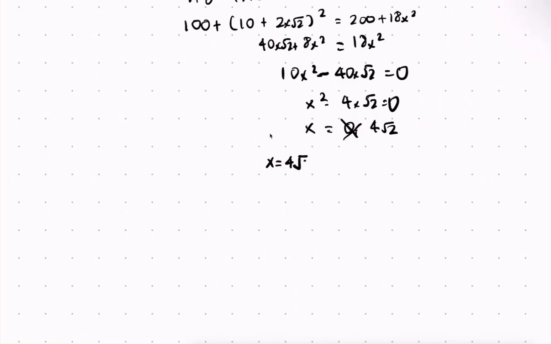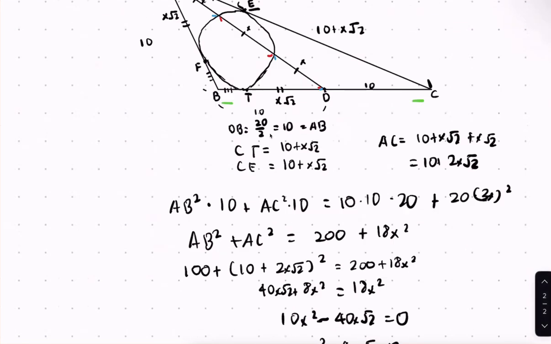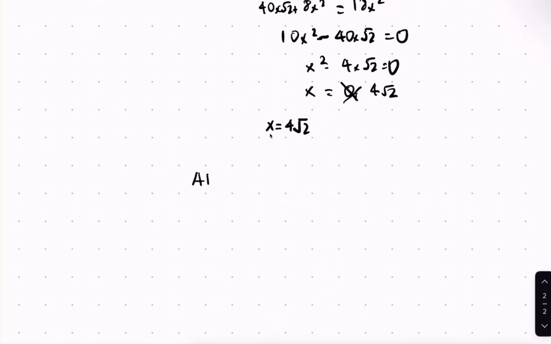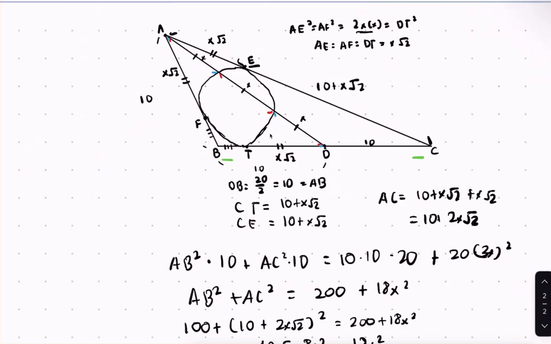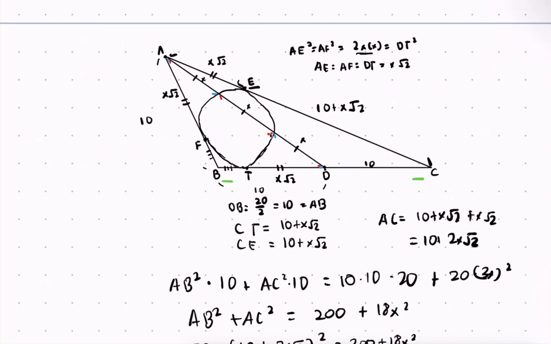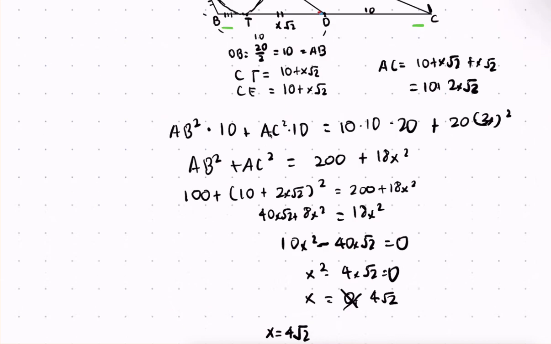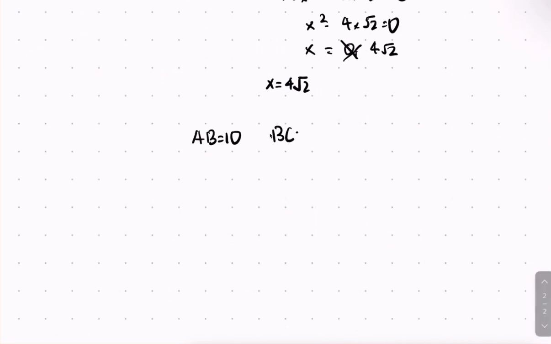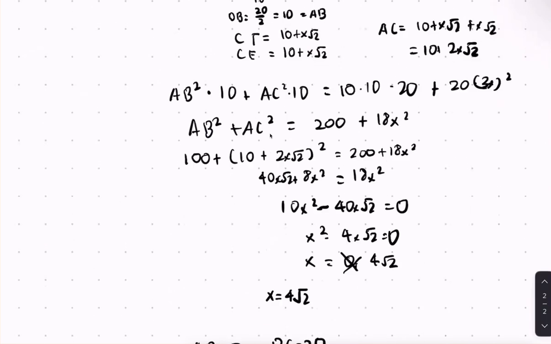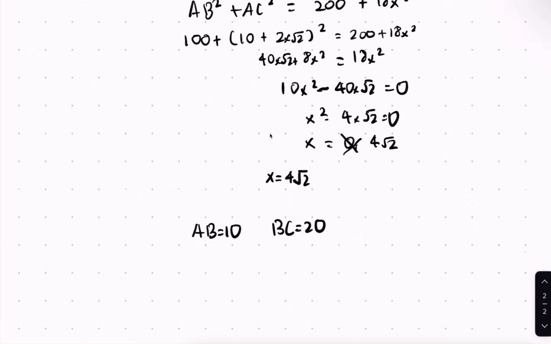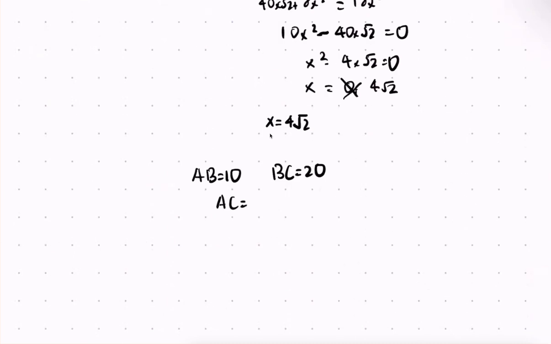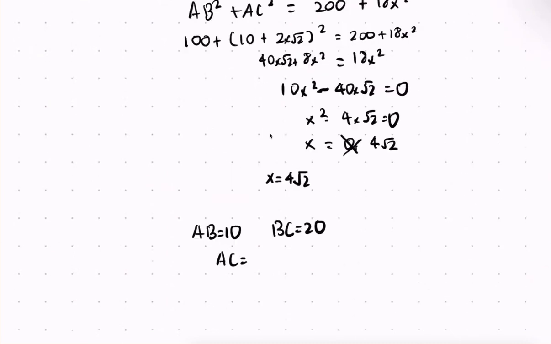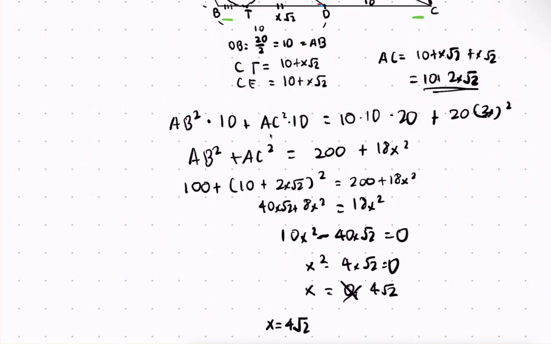And now we know all the side lengths. We know that AB equals 10 from before, since it's equal to BD. BC is equal to 20 from the problem statement. And AC, from here, is equal to 10 plus 2x root 2.